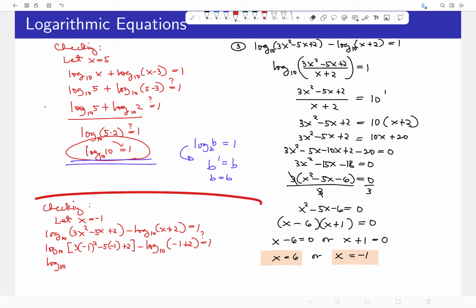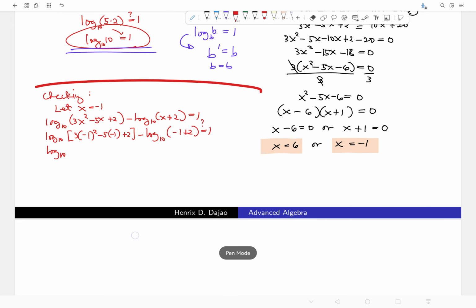So we don't know if they're really equal. So we have negative 1 squared, that's 1 times 3 is 3. Positive 5 plus 2 minus log 10, we have 1. Right, we have 1, which is equal to 1. Is it really? So we have logarithm of 10, this is 10, right? This is 10 minus the logarithm 10 raised to 1. Is it equal to 1?